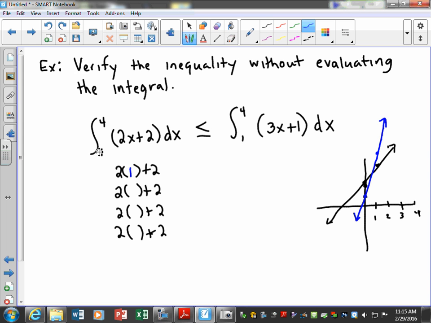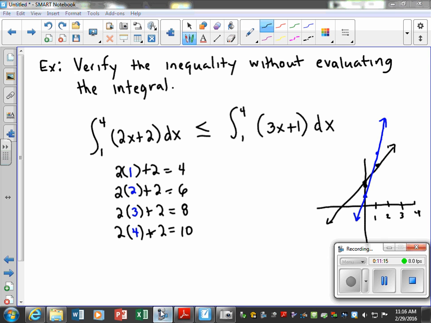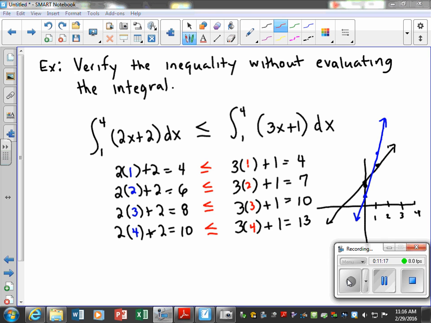So we evaluate at 1, 2, 3, and 4 because that's our limit. So from 1 to 4, and that's going to be 4. Then I get 2 times 2 is 4 plus 2 is 6, 8, 10. Now I'm going to pause and do the same thing over on the right hand side.